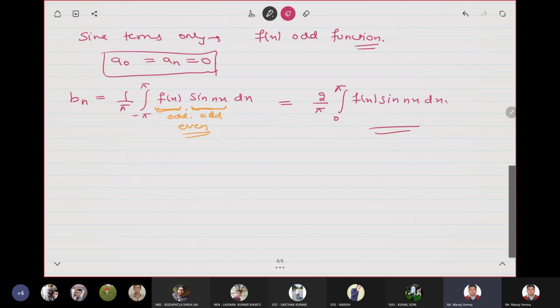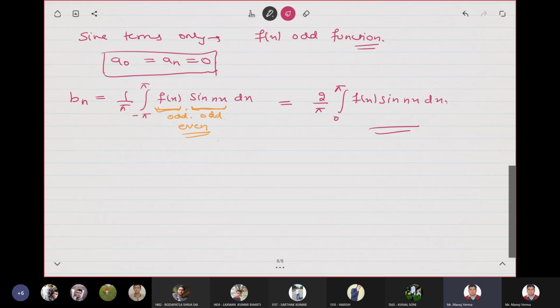While if we want to express any function in cosine terms only, then you have to make bn equal to 0, and bn will be equal to 0 only when your function is an even function. So as per our requirement, we will modify the function. If the function is not defined in minus pi to 0, we can consider it anything.